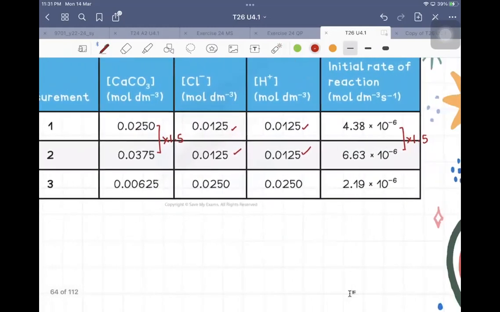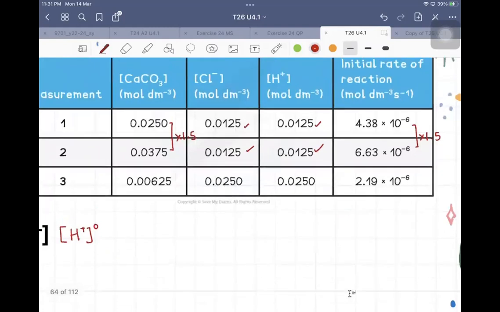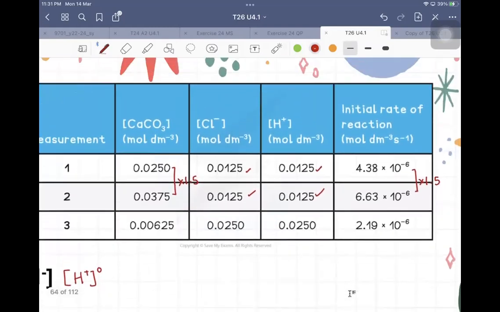And then I want to look at the concentration of Cl minus, and H plus is not in the expression because the order is 0. Okay, so we know that this is first. We don't know this at the moment, and this is 0 order.